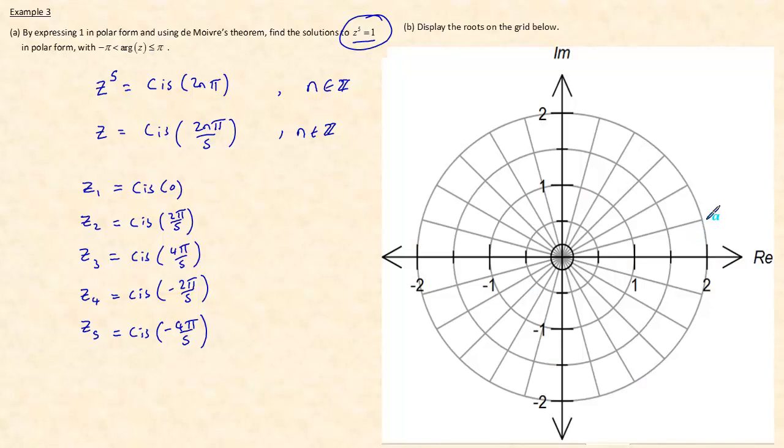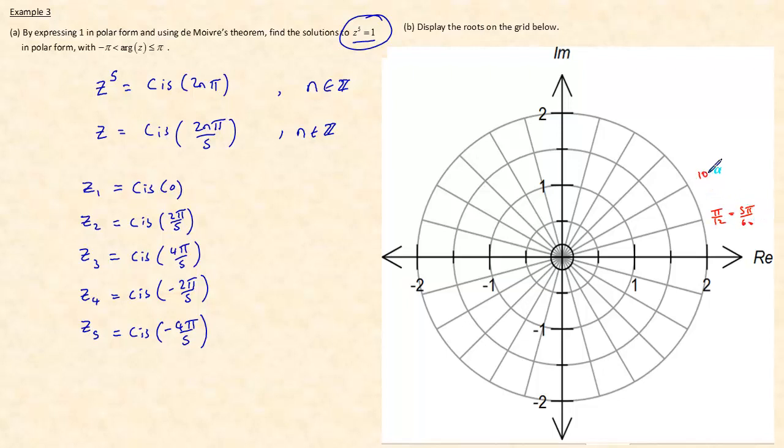Now remember that these are marked off in pi by 12s. So if we want to get this really accurately, and it probably will never be the case that you have to get this really accurately, then we want this to compare to the 12s. Now if this one is pi by 12, let's just mark that on there, that's 5 pi by 60.